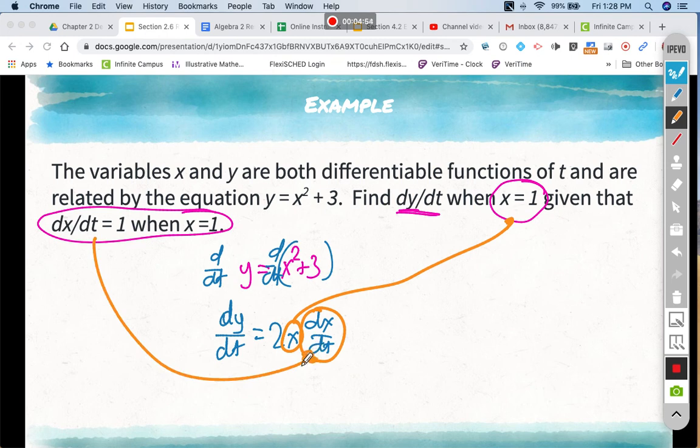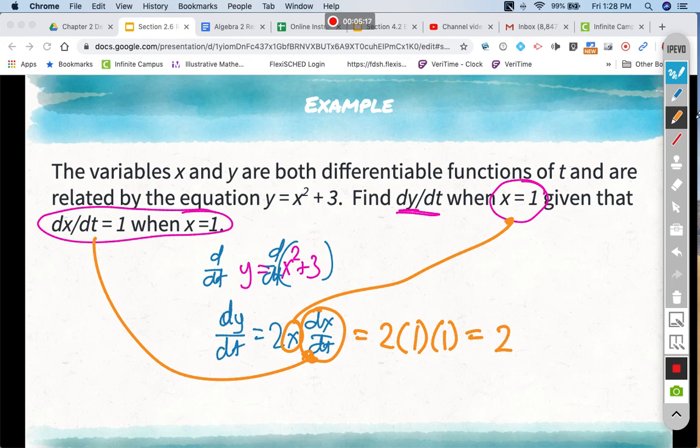I just realized that I have this worked out on this slide in the animation, and I didn't have to do this by hand, but we'll do it anyway. So I can plug those in to get 2 times 1 times 1 equals 2. So my dy/dt is going to be 2.